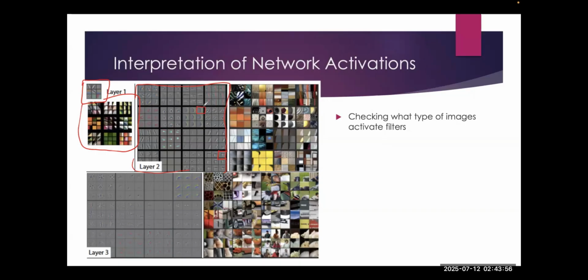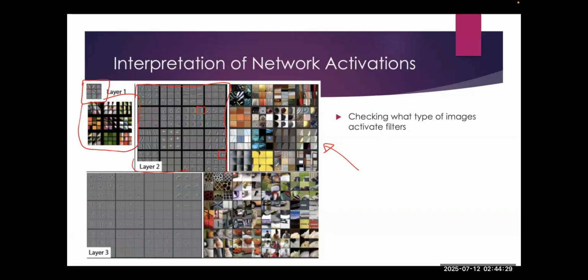So these were capturing more complicated shapes. In this image, you can see the types of image components that activated these second layer filters. You can see things like corners, round shaped objects or gradients. These are the kind of image components that activated the second layer of the network.